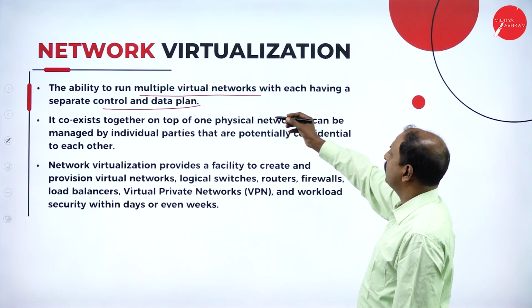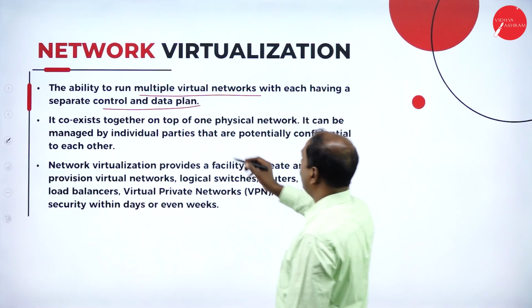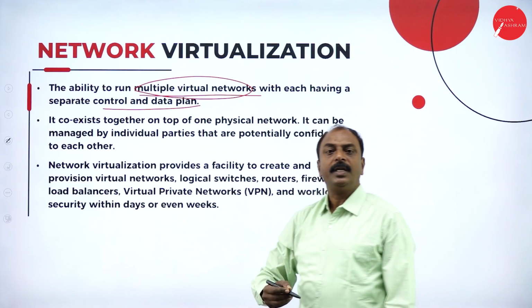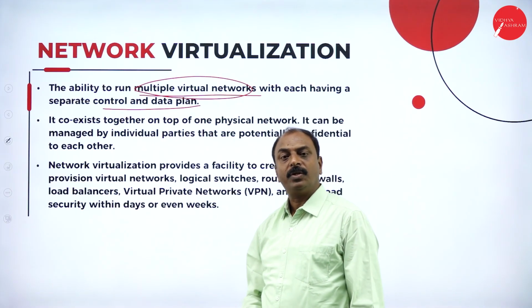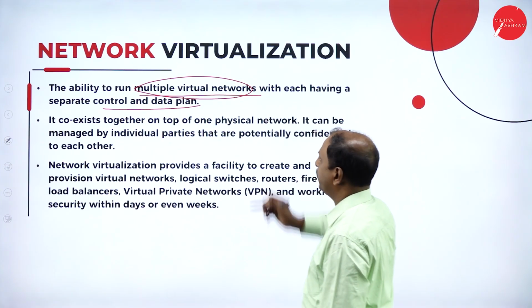With the help of network virtualization, it is possible to have multiple virtual networks. The one network can be virtualized into many virtual networks, that is called multiple virtual networks.